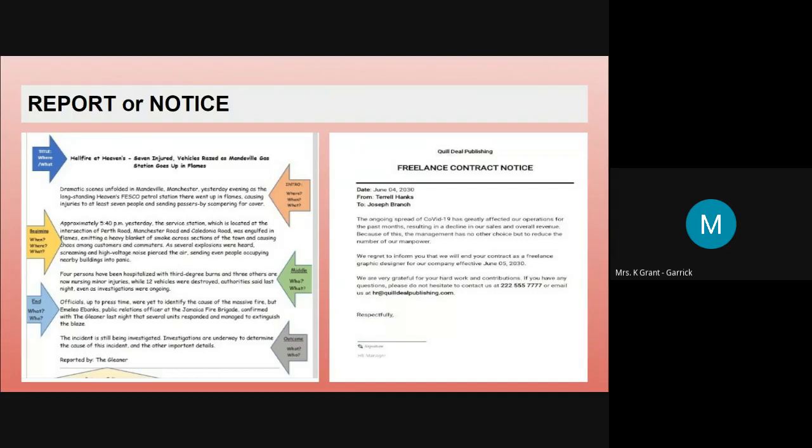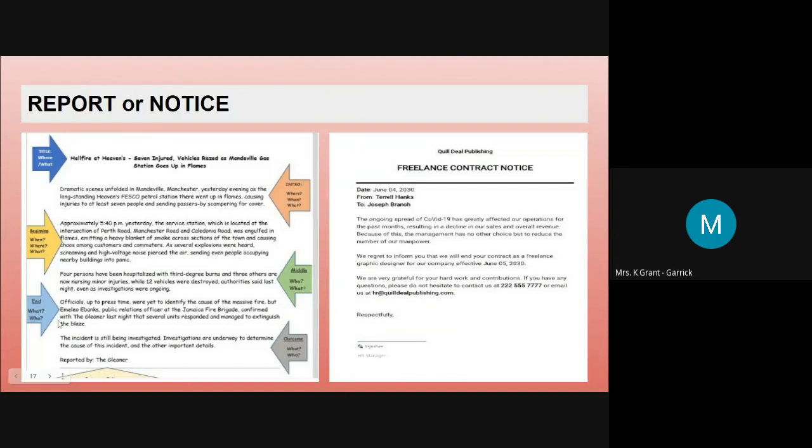Then as you move into the body of your report, you are expected to focus, again, on just strengthening the information: now, when, where, what. As you get into the middle of the developing paragraph, who or what, and then you end the developing paragraphs with what and who again.